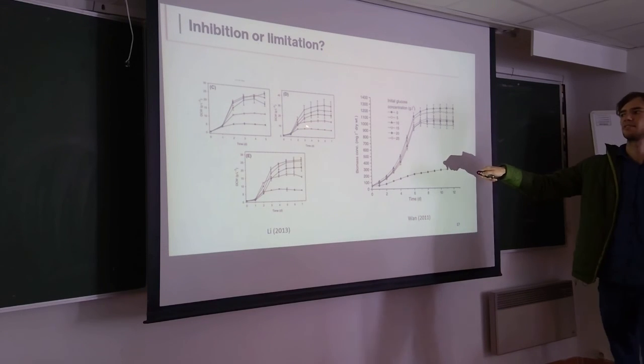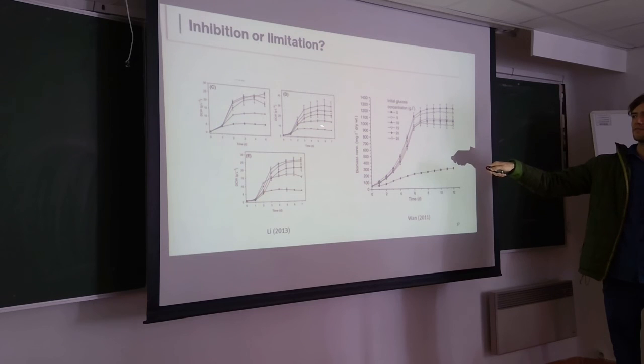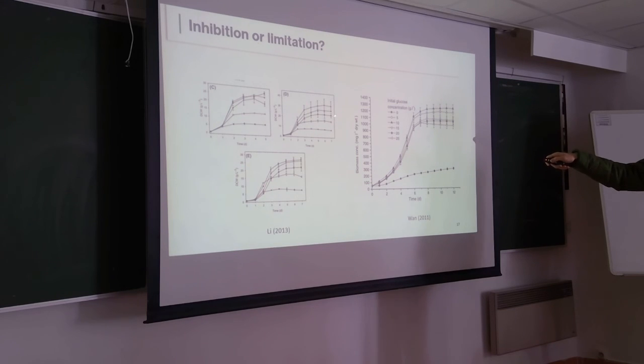So clearly here we have limitation by nitrogen, although sometimes the more nitrogen we put, the lower the final concentration of biomass. Well, according to the literature results, we could say that the best glucose concentration would be about 80, between 60 and 100.